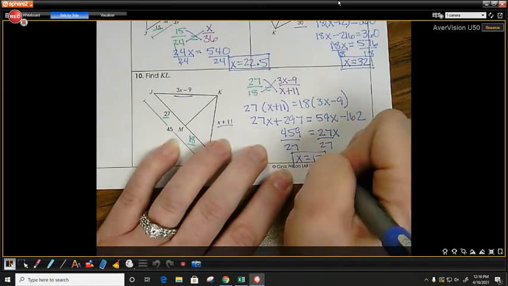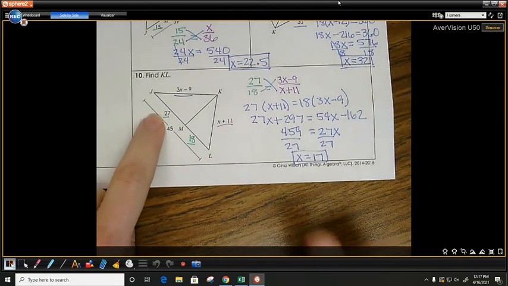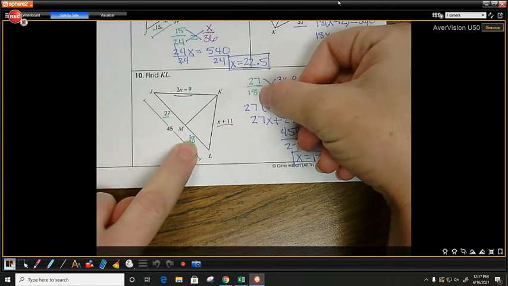So there we go. So again, we're just setting up proportions, cross-multiplying to solve for x. Really, the only tricky part is making sure that you're setting up these proportions correctly. Notice that whenever I was setting them up, I did 27 over 18, so 27 was on the top.